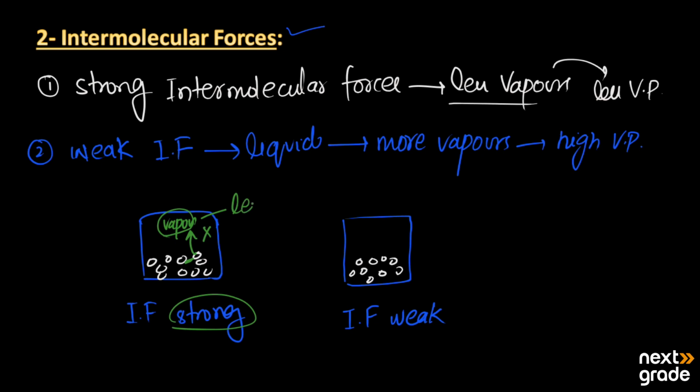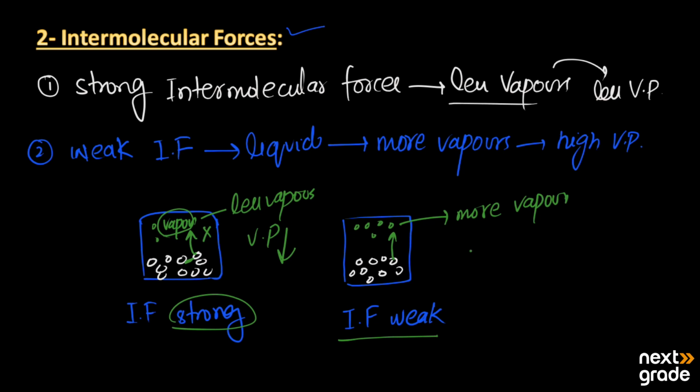As there are less vapors, the vapor pressure will also be less. On the other hand, if the intermolecular forces are weak, the molecules of the liquid will change into vapors. As there are more vapors, the vapor pressure will be high. So this is a simple effect of intermolecular forces on the vapor pressure.